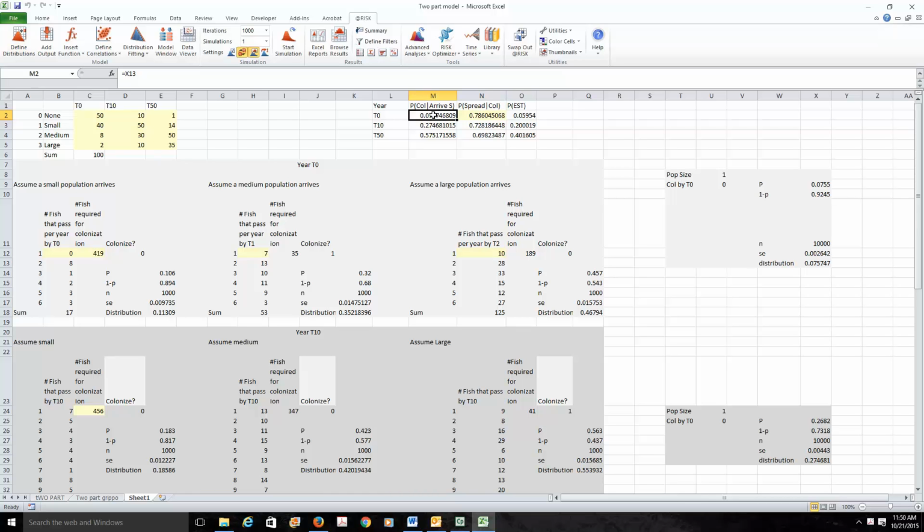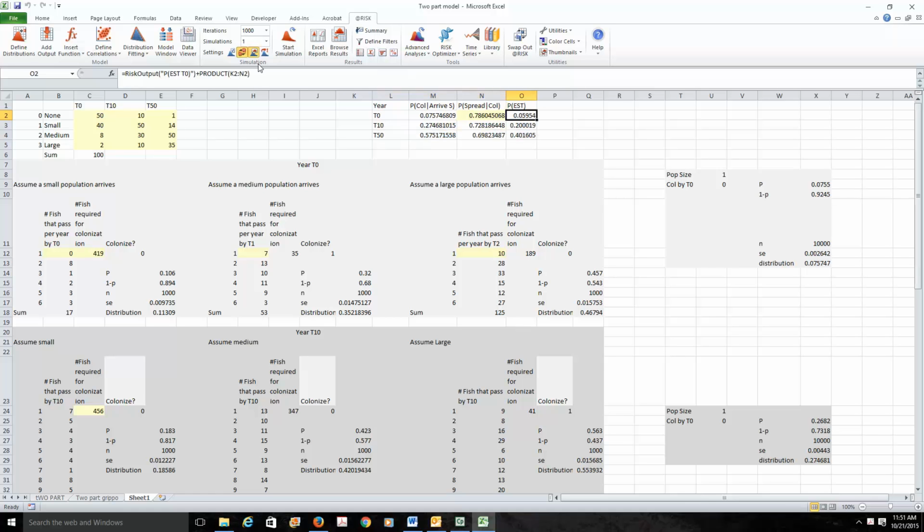They're handled a bit differently here, but they all get rolled up into this probability of colonization. So when we multiply this times this, we get a probability of establishment of 0.05. And we've done the same thing for year T10, same thing for year T50.